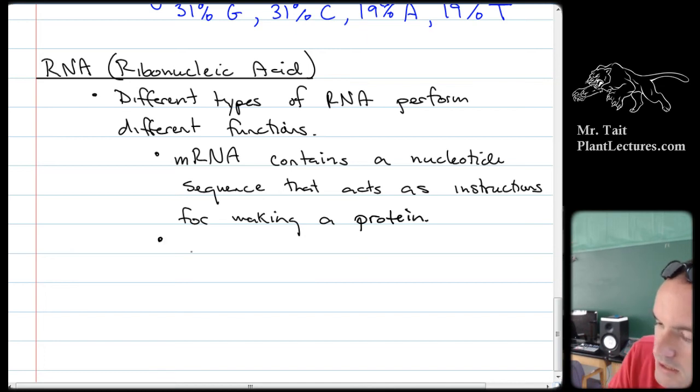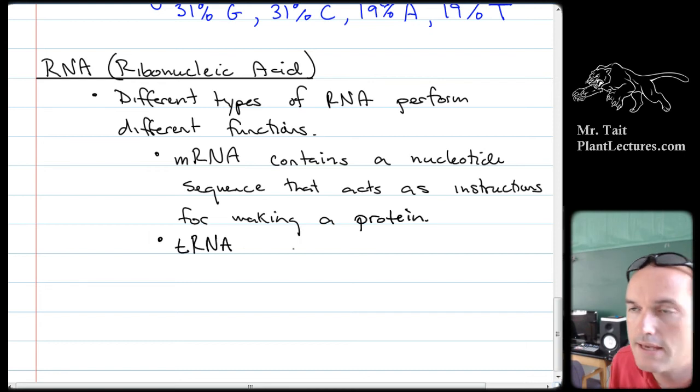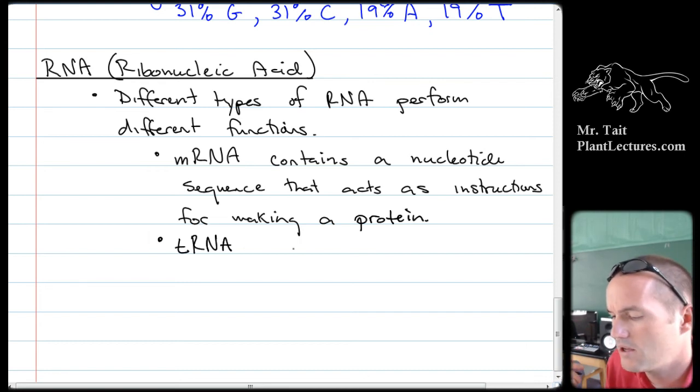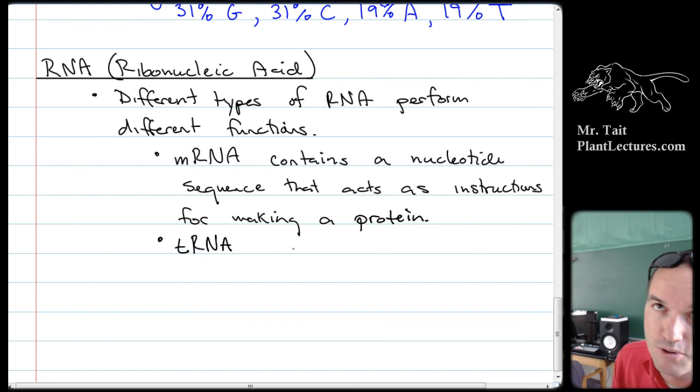Okay. tRNA is another kind. tRNA is commonly called a transfer RNA, but I think it makes more sense to call it translating RNA because that's really what it does.